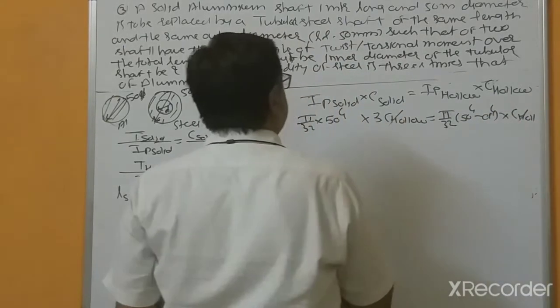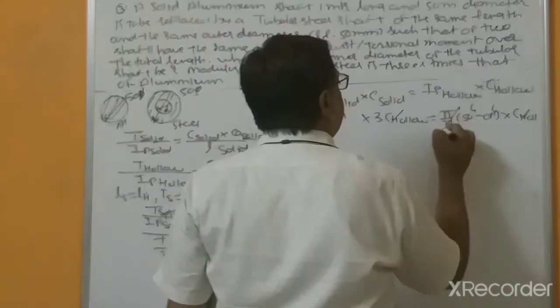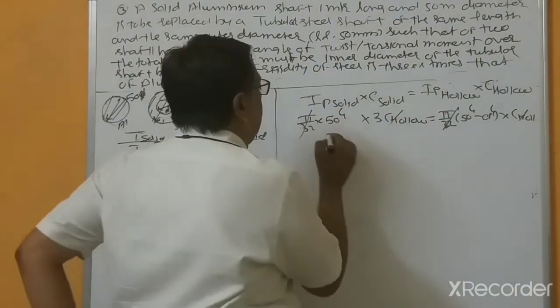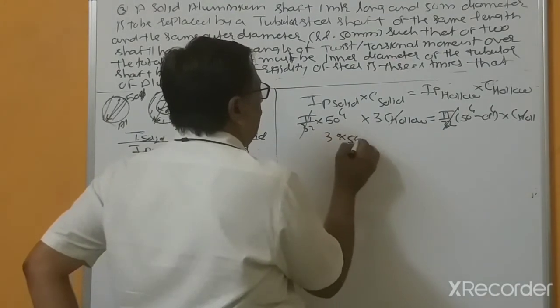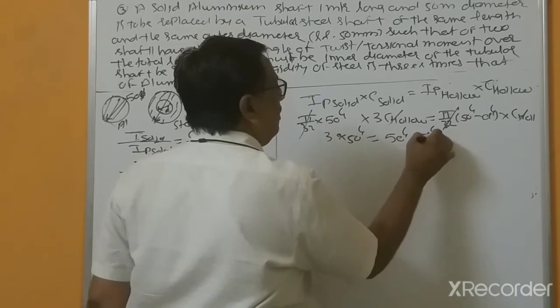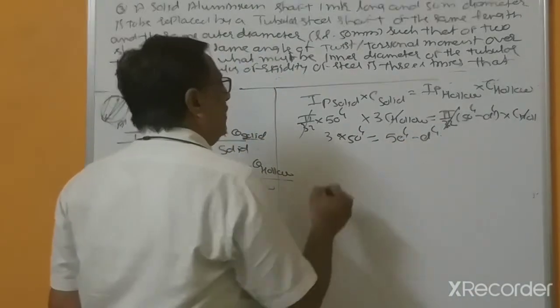So this will get cancelled. This also will get cancelled. Now what is remaining? 3 into 50 raised to 4, 50 raised to 4, d raised to 4.